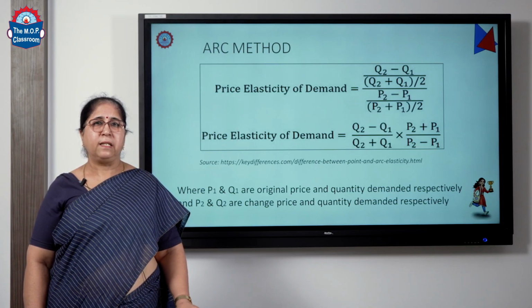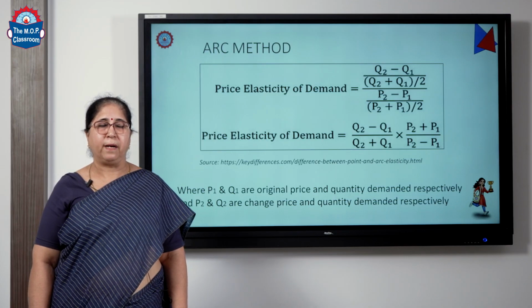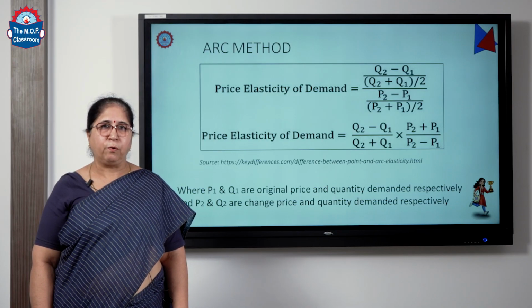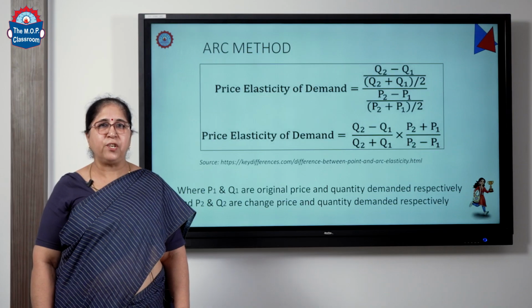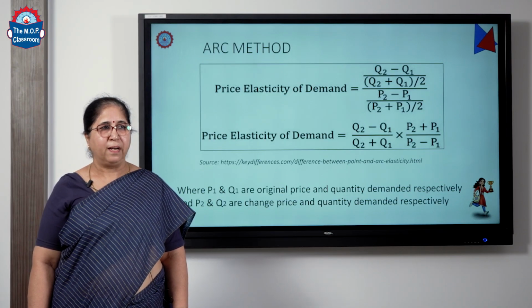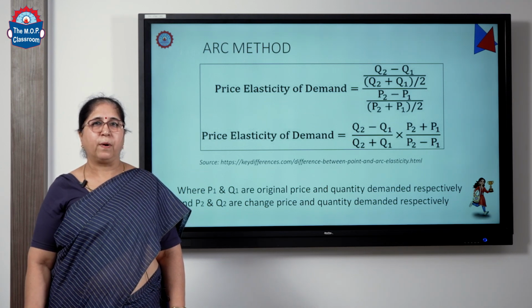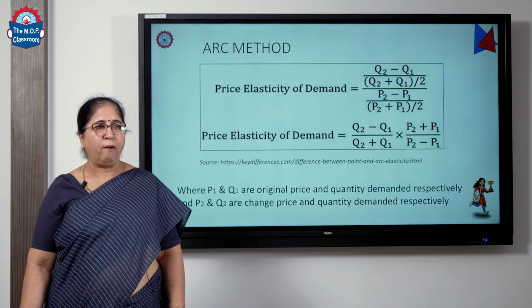Now look at this, P1 and Q1 are the original price and original quantity demanded, and P2 and Q2 are the changed price and changed quantity demanded. So when you apply this formula, you will be able to get the price elasticity of demand.